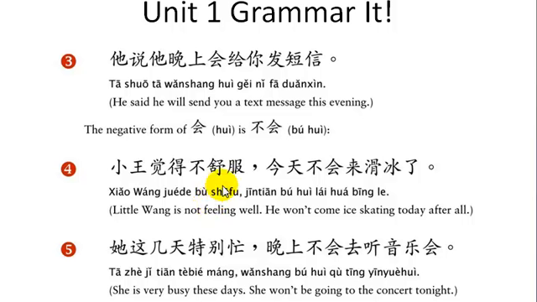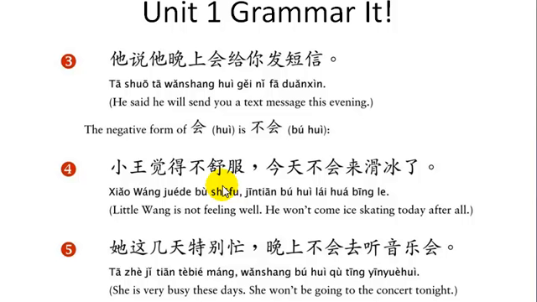So 舒服 in general means comfortable, like this couch is very comfortable. 沙发很舒服, right? You could also say the couch is uncomfortable. 沙发不舒服. But when a person says that they are 不舒服, they mean that they're ill in some way.